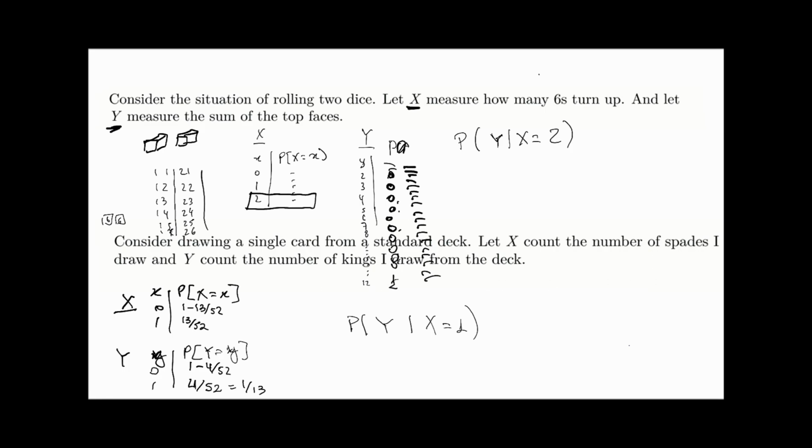Now, if I already have a spade, within the 13 spades, I still have 1 card that is a king. So the probability won't change. It will be 1/13 anyway. So the probabilities that are here won't change. They will be maintained.